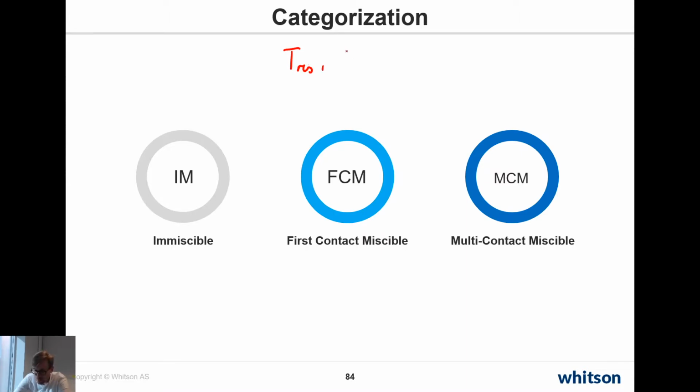We have a reservoir fluid composition that we denote Zi, and we have a particular injection gas composition, which can be CO2, it can be nitrogen, it can be water for that matter, or some hydrocarbon gas.